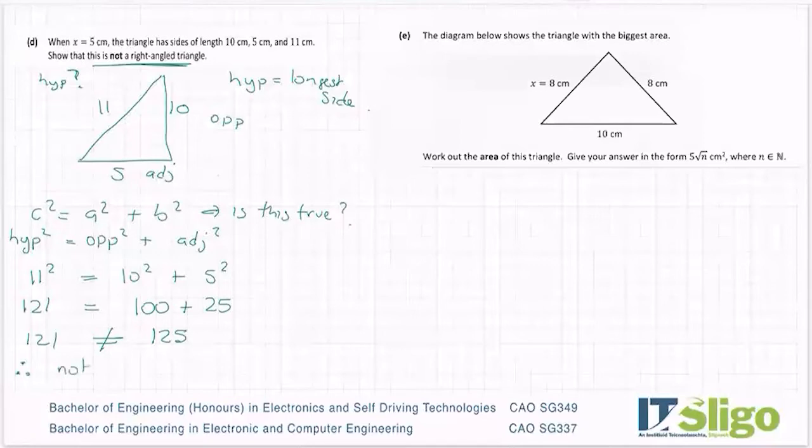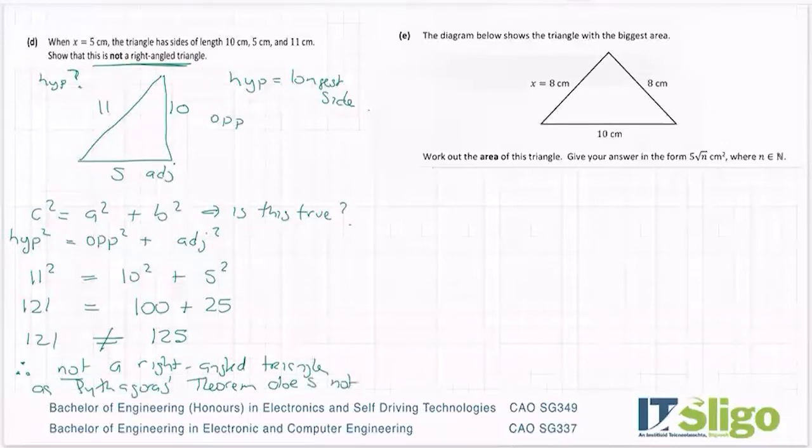Therefore, not a right-angled triangle, as Pythagoras' theorem does not hold true. Okay, so that's how you check if it's a right-angled triangle.